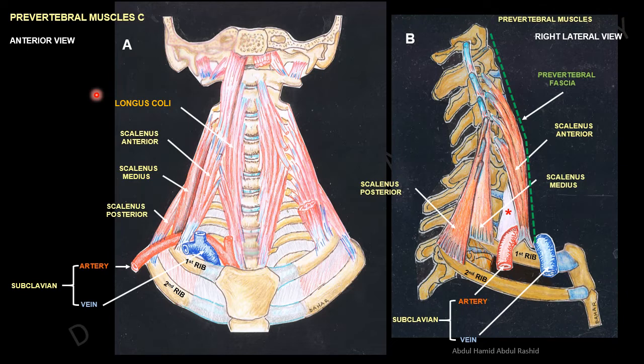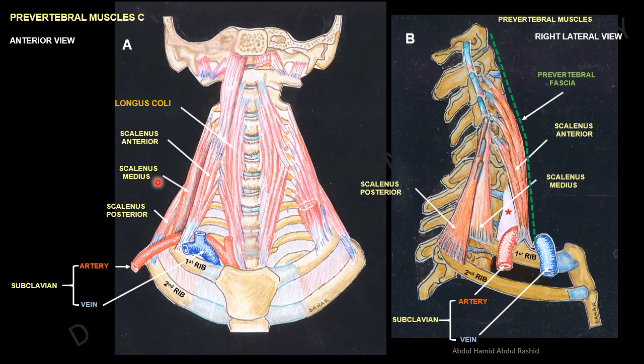In the second diagram, that is the cervical vertebra, anterior to the body of the cervical vertebrae, you have one group of prevertebral muscles, that is longus colli, and the anterior tubercles of the transverse process give origin to scalenus anterior, and the posterior tubercle is attached by scalenus medius muscle.